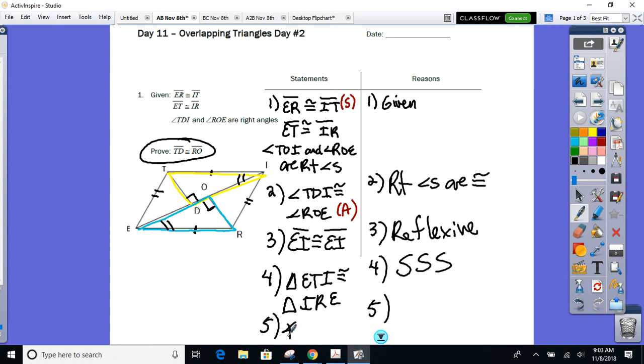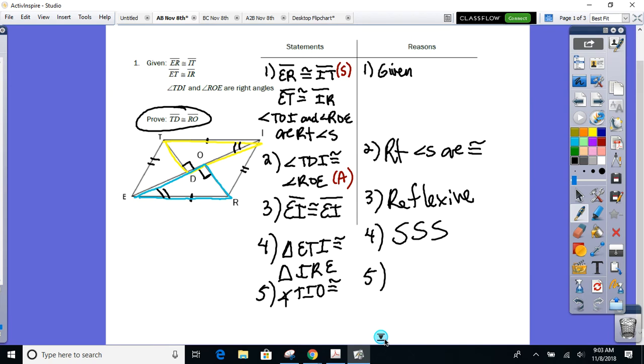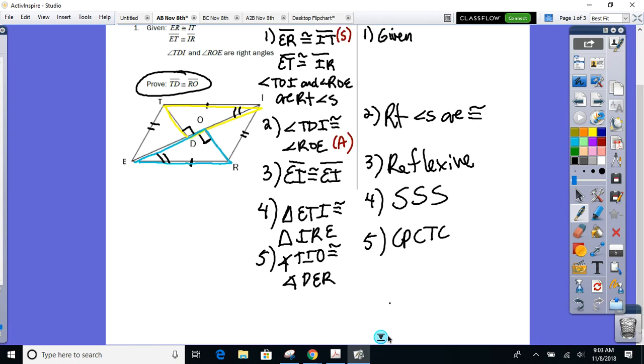So angle TIO, you could also call it TID, TIE, same angle, is congruent to, what'd you give me there, DER by CPCTC. That was the missing angle we needed. Now go back. The two triangles we selected at the beginning, triangle TOI, is now congruent to triangle RDE.